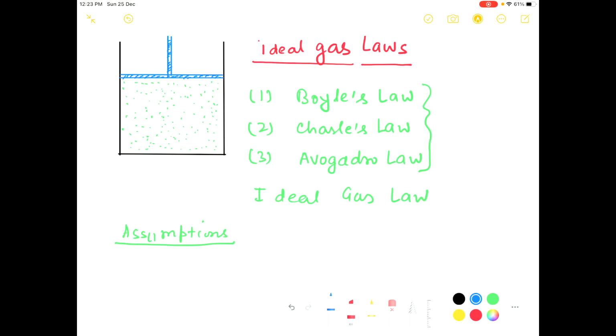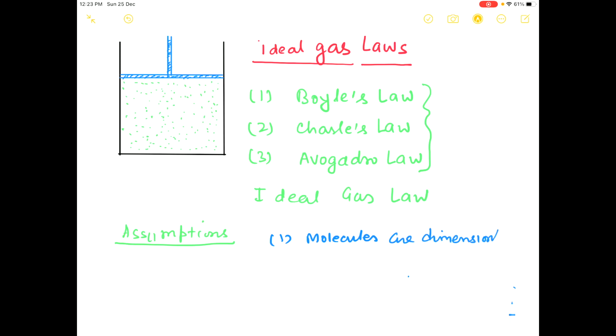First is that the molecules are dimensionless, and they are only point masses. Molecules are only point mass. And second is molecules move in random direction.